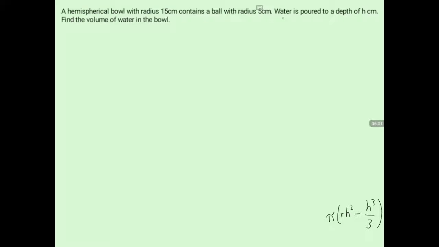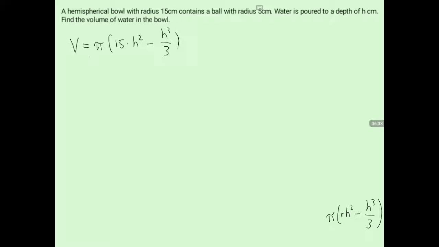So if water is poured to a depth of h centimeters, and this water doesn't completely cover the ball, then we can find the volume, which is equal to the amount of water just in the bowl. That's going to be pi times the radius of the bowl, which is 15, times h squared minus h cubed over 3.